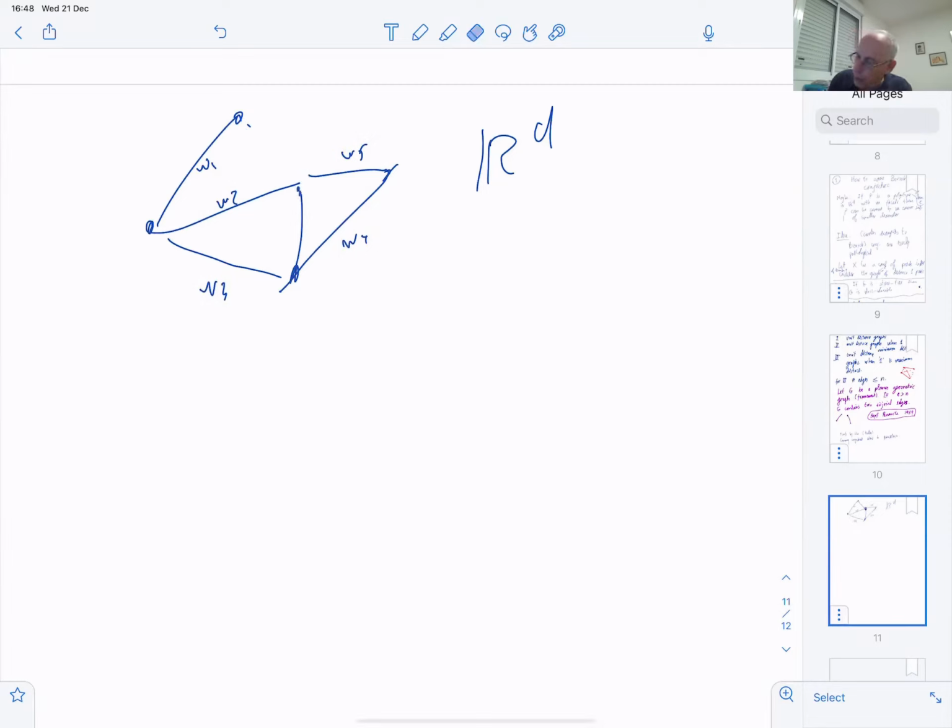So if we look at the sum of the edges from this vertex with the weights, we get 0 for every vertex. This is called a stress.